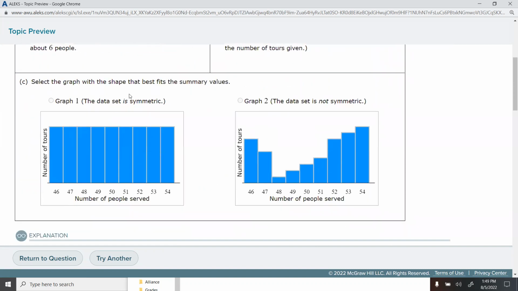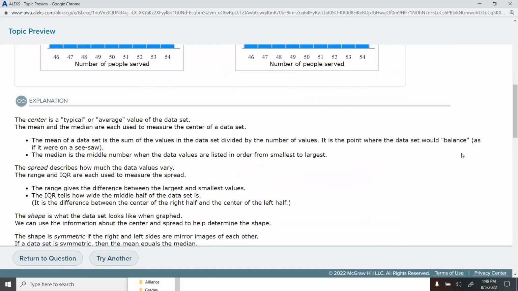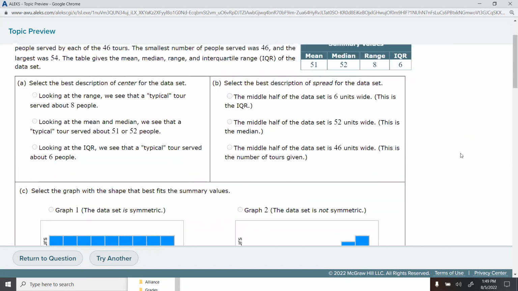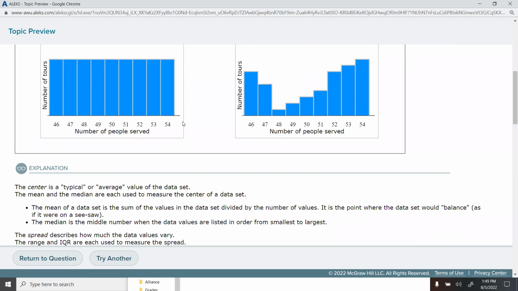Part C, select the graph with the shape that best fits the summary values. The summary values being these 4 right here. One thing I noticed was the mean is 51, the median is 52, so the center of the data is around 51, 52, which is right here in between 51 and 52.